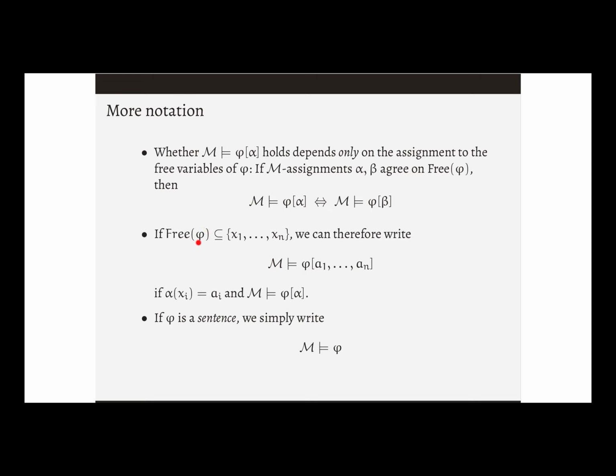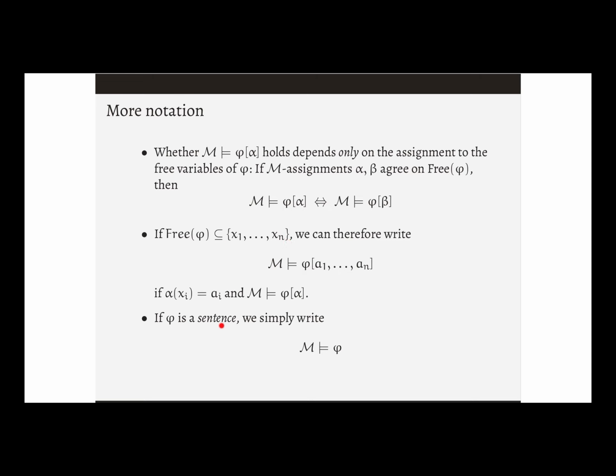If the free variables of phi are among those variables, we can use this bracket notation with finitely many values from M. We're assuming that alpha of the x_i is evaluated to a_i, and that this assignment makes phi true in M. Since any formula is a finite object, there can be at most finitely many free variables, so we can always write it in this form once we have a finite set that contains all the free variables.